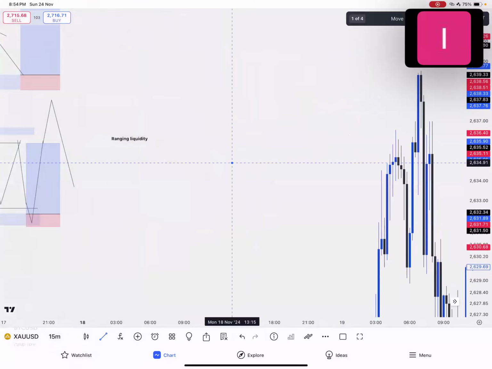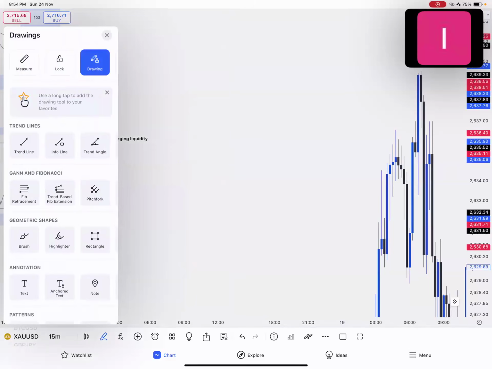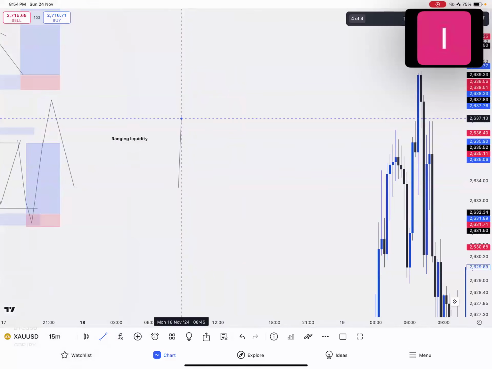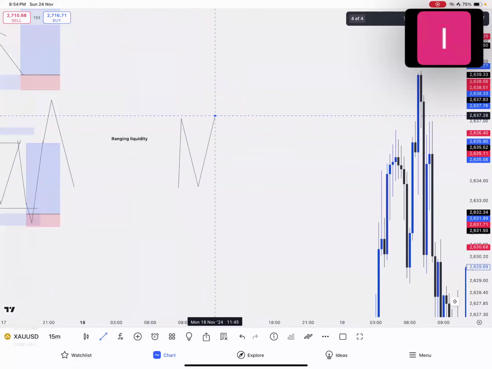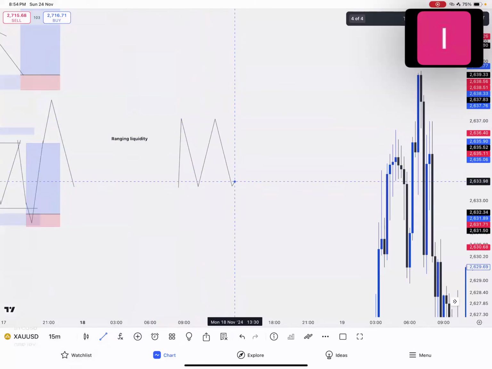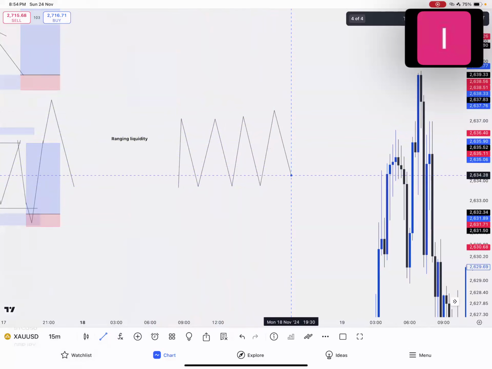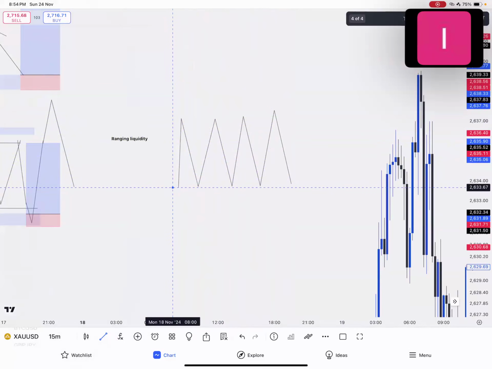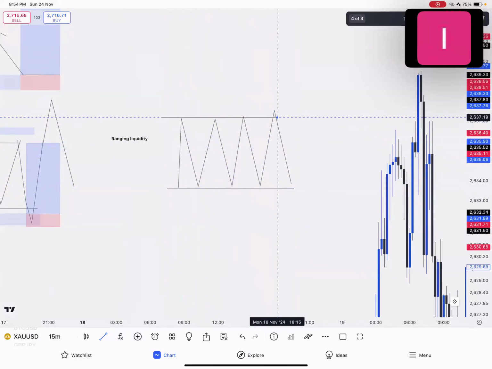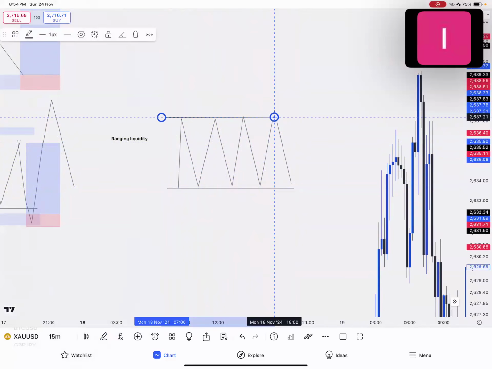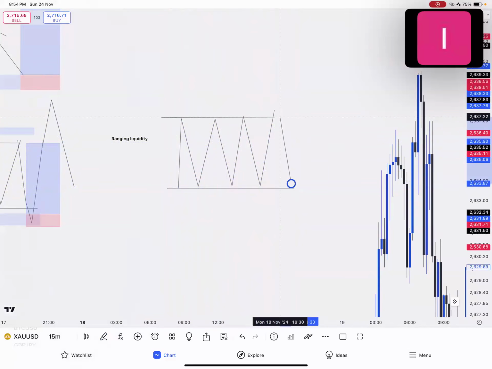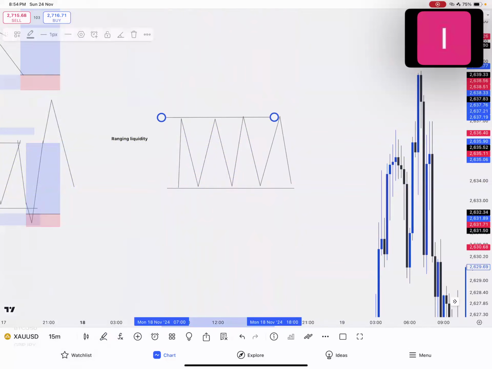Let's say, for example, market was ranging. This is the range. So this is your range here. So there's liquidity here, and there's also liquidity here.